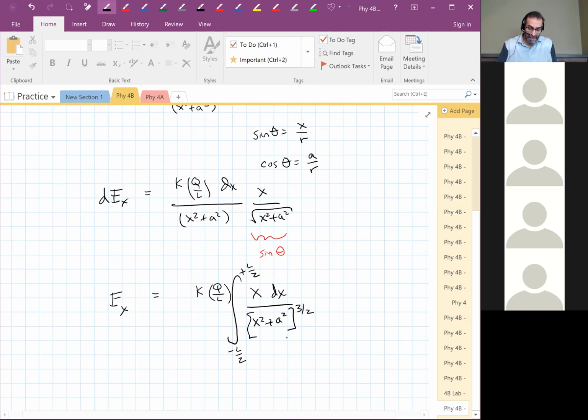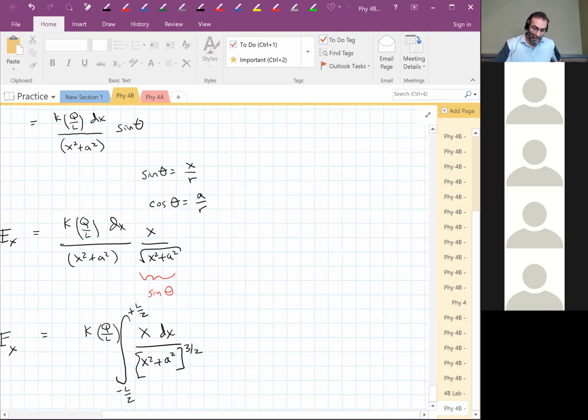So I would just look this up in my integral table and get the answer that way. And that's how I would expect you to solve it on an exam. You can use the formula sheet on every exam, so you should assume that you're going to print it out and start using it when you're doing problems so you become familiar with it. And then you do the same thing for the y component.